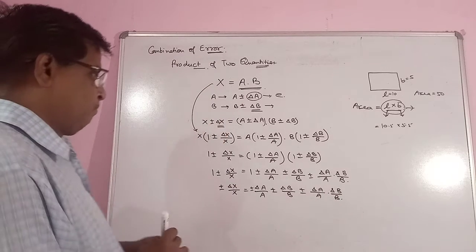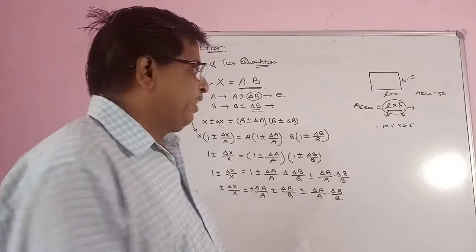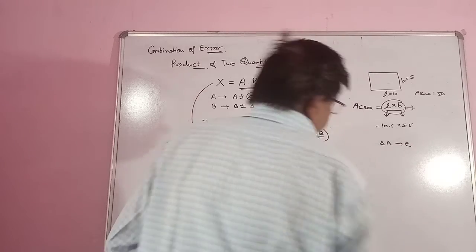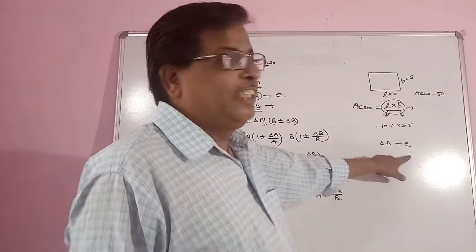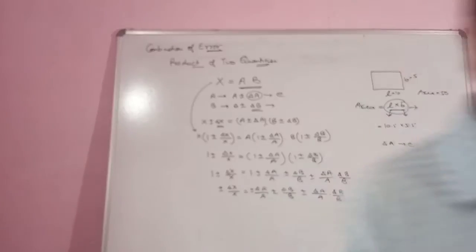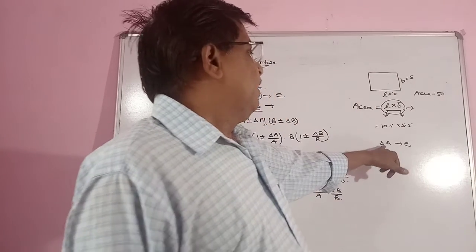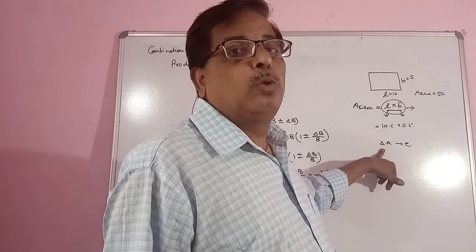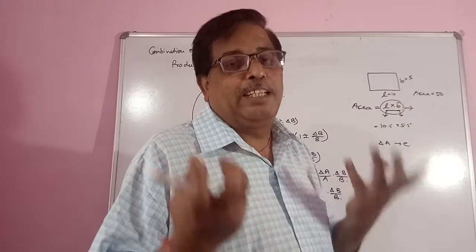Now, what is delta a? Delta a is error. Error in what? Error in measuring A. So obviously, this delta A will be very small as compared to A, because error can never be big. Error means error.